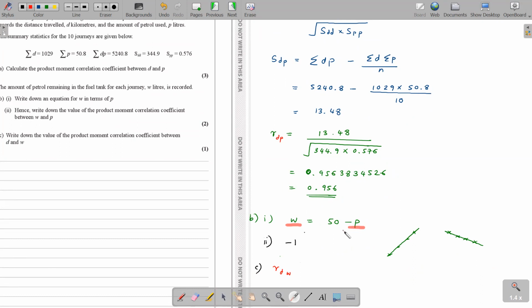Now you can see here, W is something like a coding that we use instead of P. You remember coding? W is written as 50 minus P. So W is the variable we can write instead of P by doing a simple coding here. So then what happens?